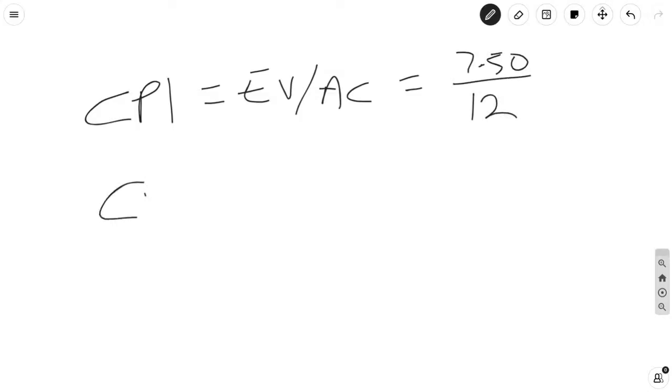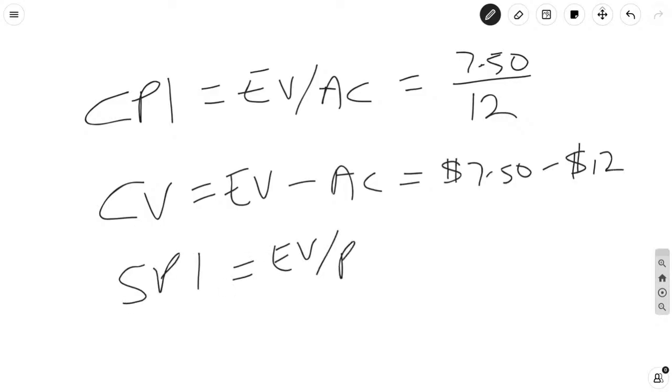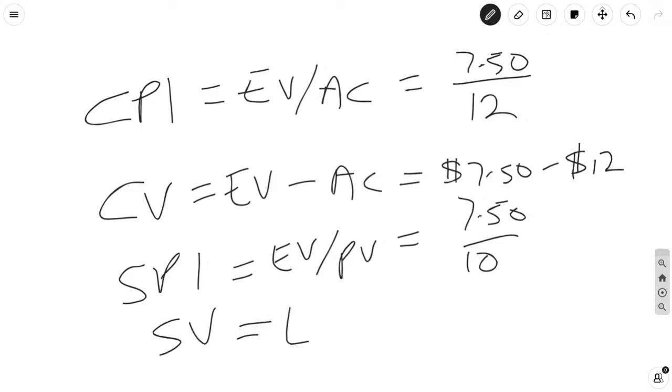The CV is going to be earned value minus actual cost, and put the dollars there because the dollar sign will not cancel in this formula, right? And then the SPI is earned value divided by planned value, which is 7.50 divided by 10. And the schedule variance is earned value minus planned value, which is $7.50 minus $10.